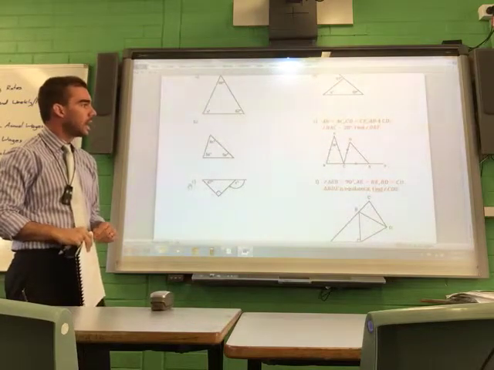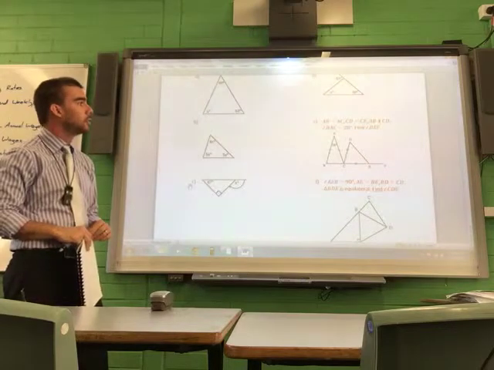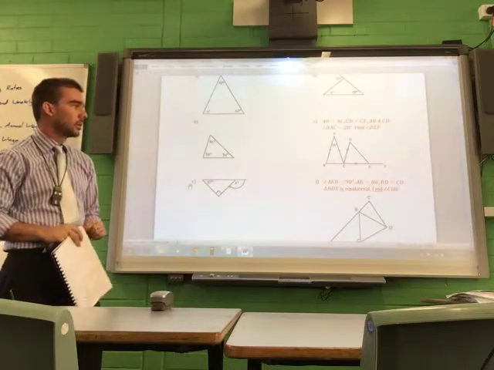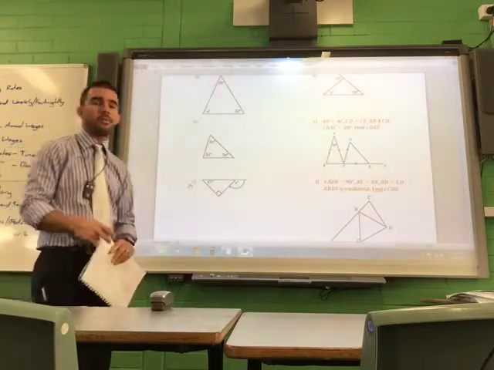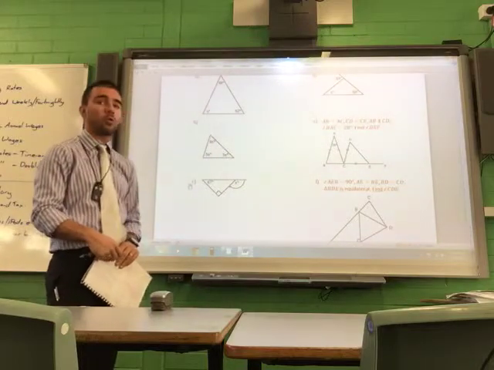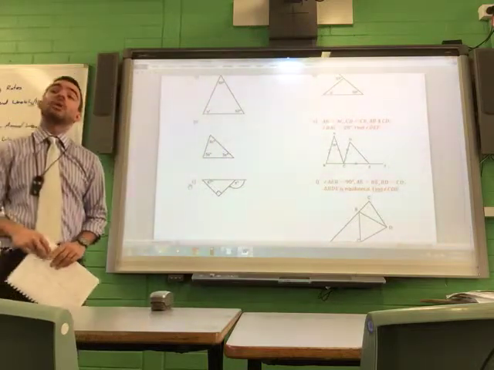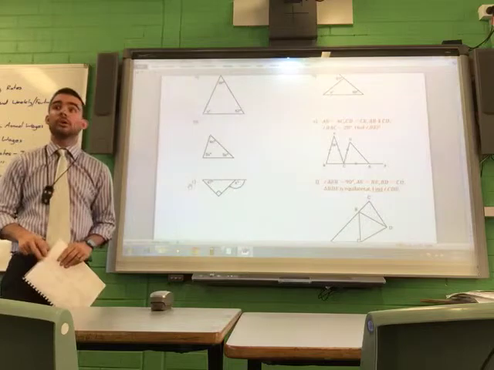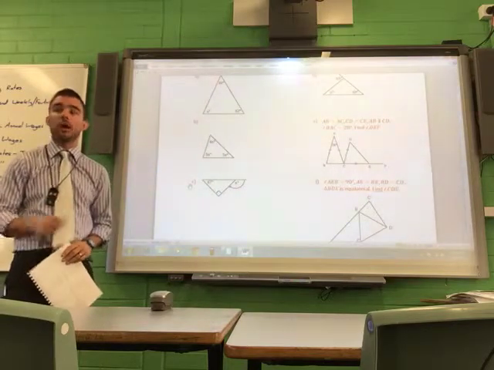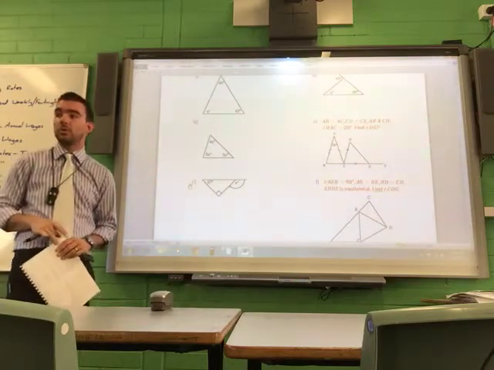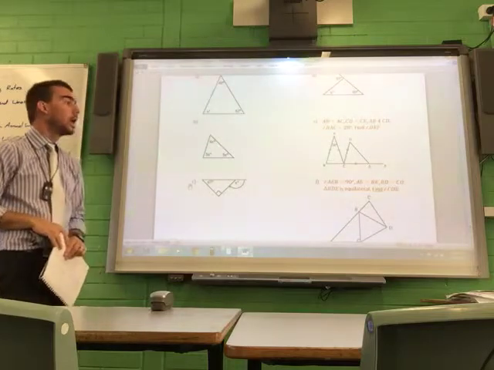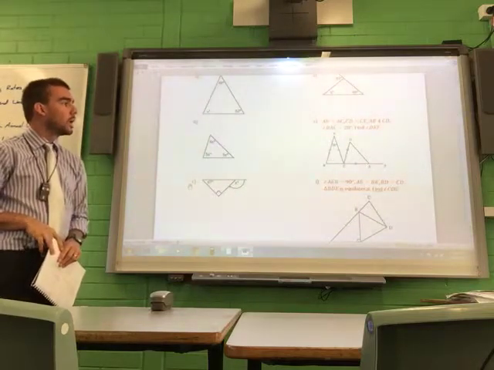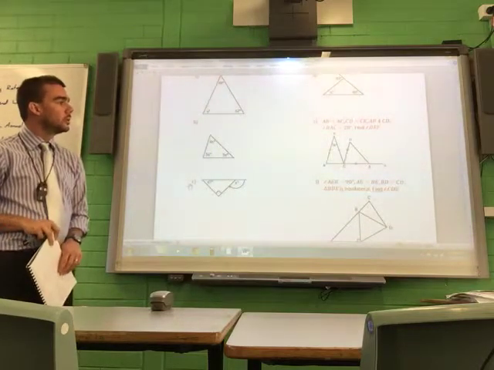Angle BAC equals 28 degrees. Yes, I've got that information in the diagram. That's the first thing you need to do, make sure it's all there. There will be times when there is a part diagram or no diagram, and you need to construct one or add information to the diagram that's been partly provided. We need to find angle DEF.